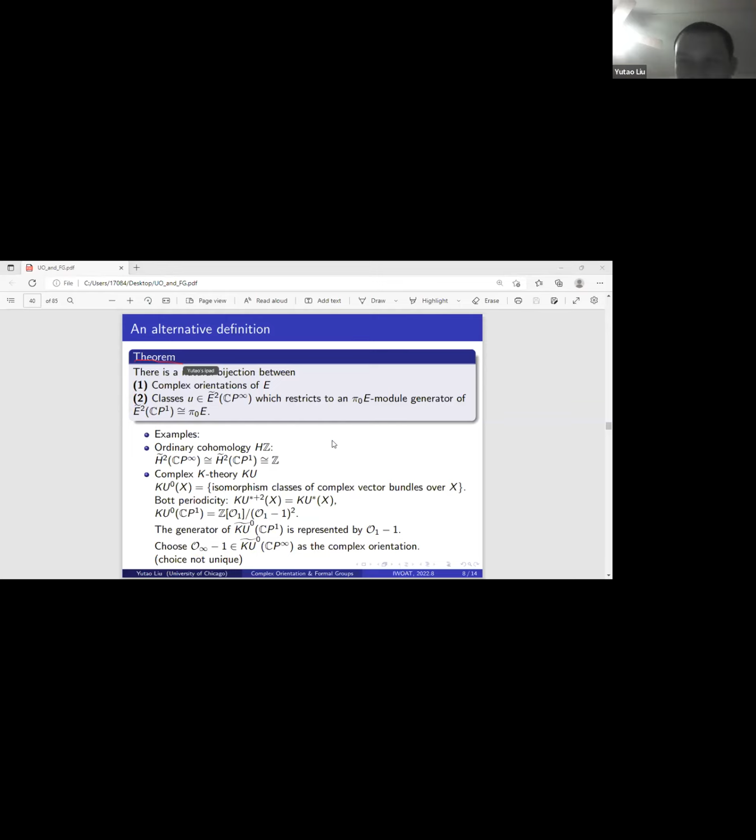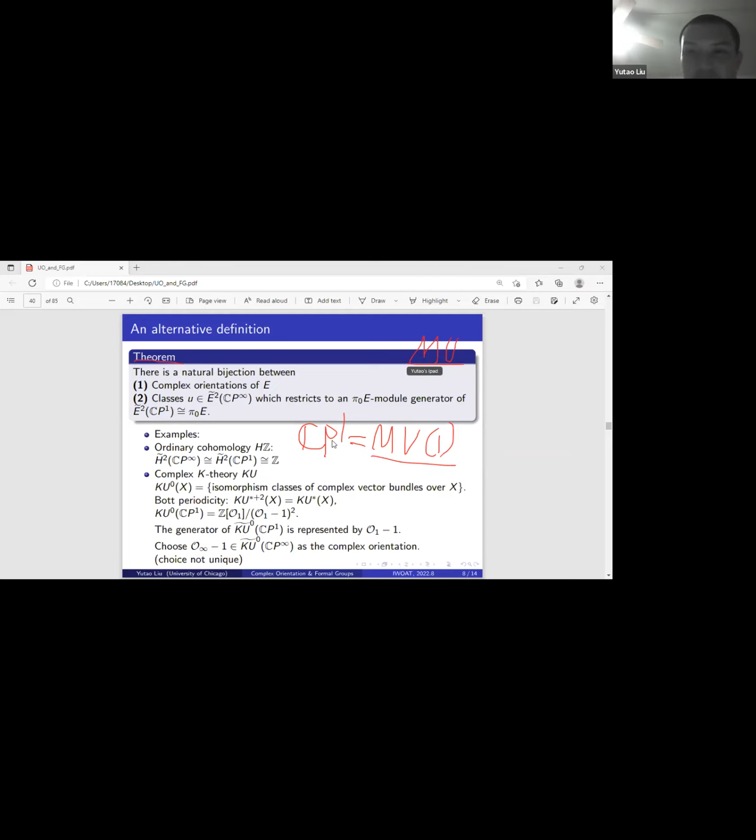This one, right? I can't quite remember who proved that, but the idea, I already told you how to go from 1 to 2. The idea from 2 to 1 is you can view CP1 as MU1. So MU1, you can view as the generating part of the complex cobordism spectrum MU.